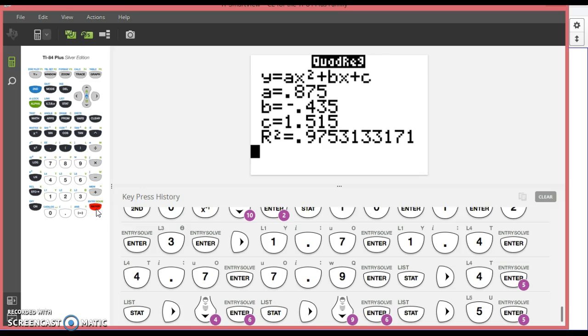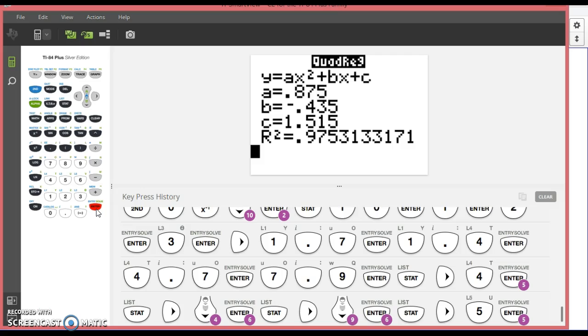Now, there we go. Take a look at that. They're telling you right here on the screen that the equation for a quadratic is y equals ax squared plus bx plus c. Correct? There's a, there's b, there's c.